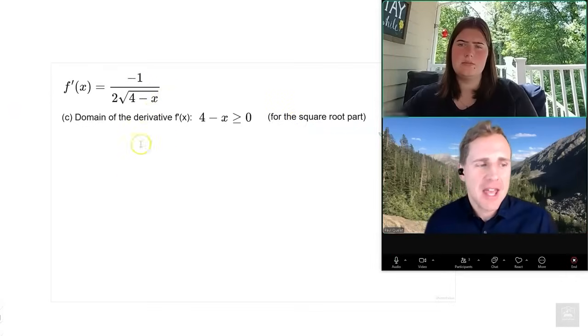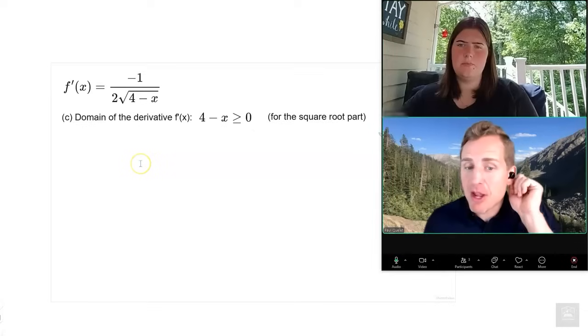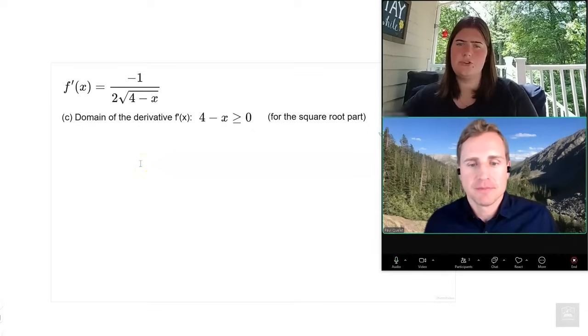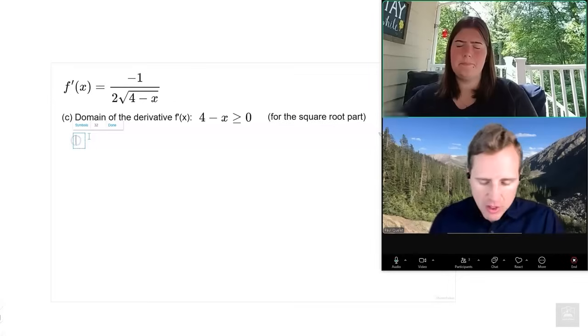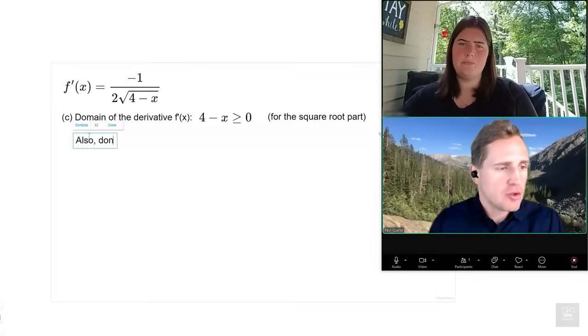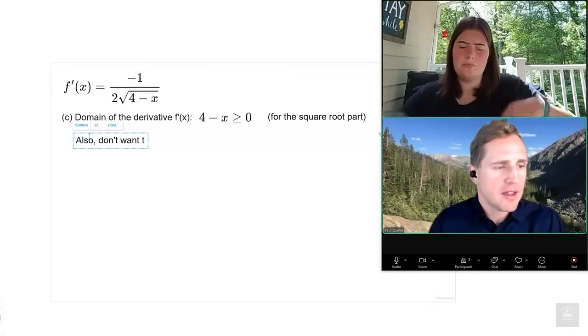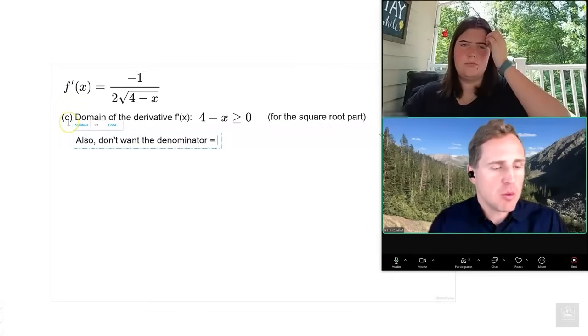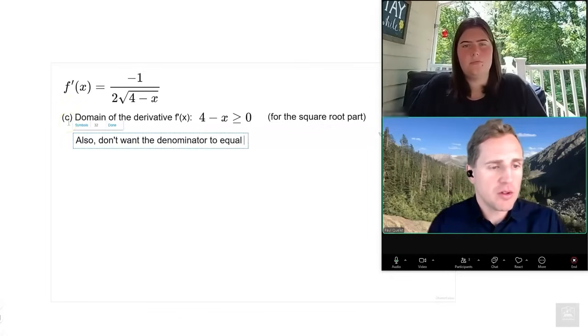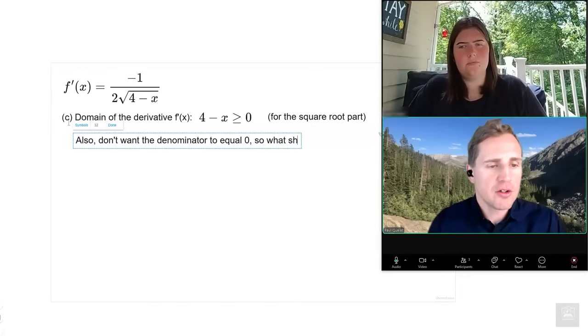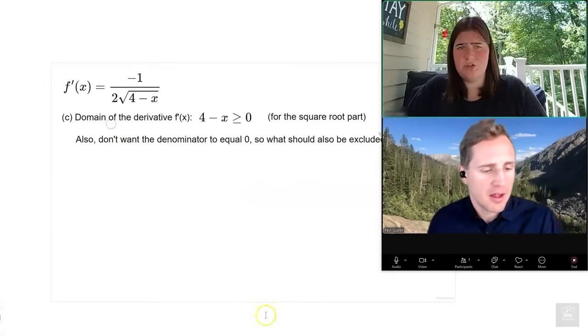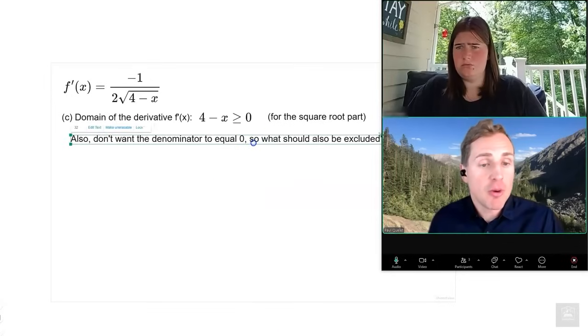Yes. Yeah, and in fact, we can't let the denominator equal what value? 0. Correct. So we also don't want the denominator to equal 0. So what should also be excluded? 0? Yeah, the 0 itself.